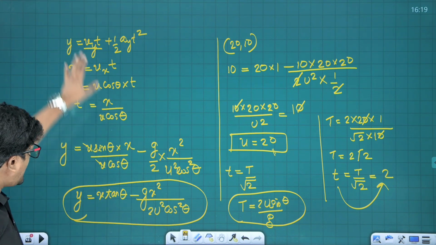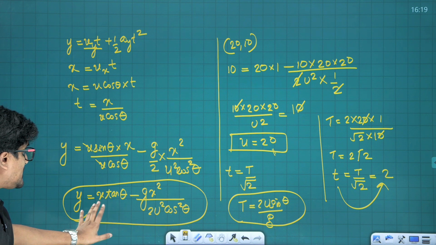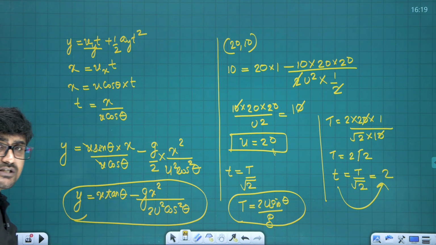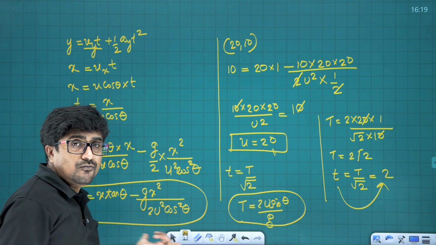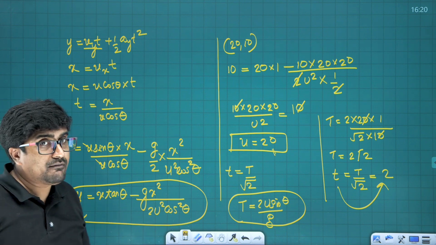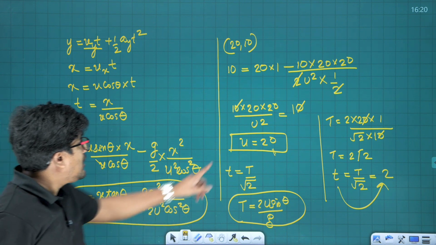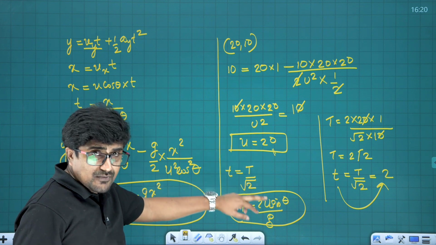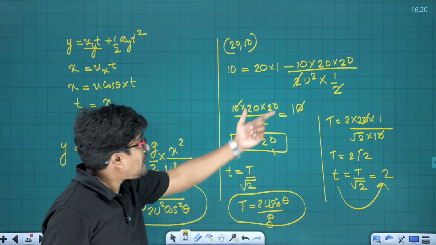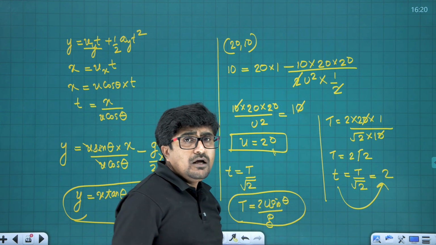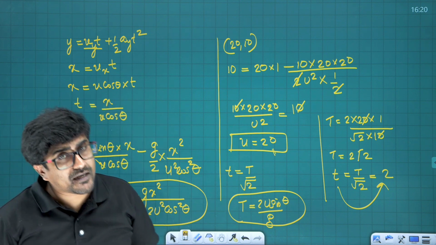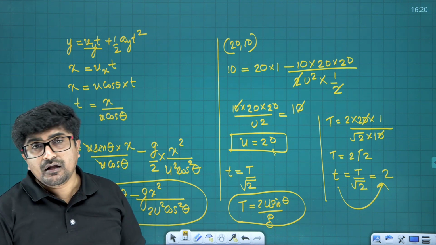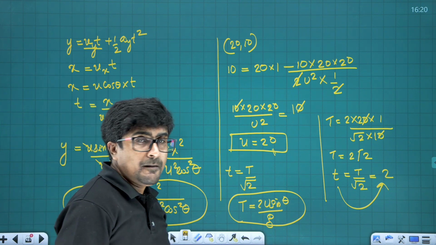You can see, in fact, I derived how to get this equation of trajectory. The benefit of this equation is if you know the value of x, you can get the value of y. The only thing is that you must be clear with the value of u as well as theta, that's all. There we got the value of u, and later with the help of u as well as theta, we got the value of time, and then finally for that given time we calculated vx and vy, and there we got the final answer.